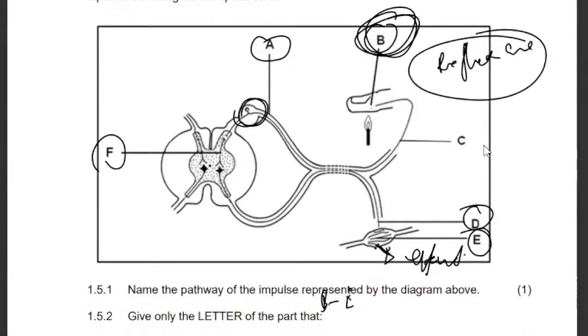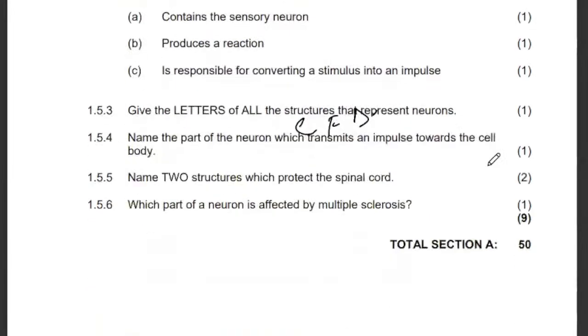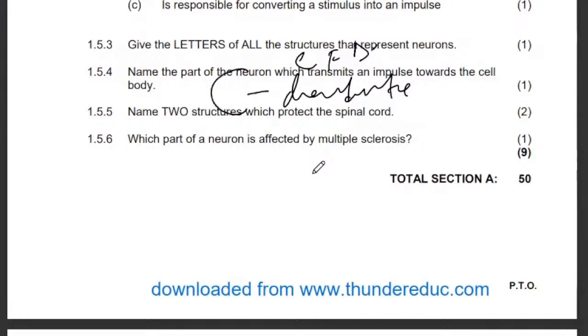So it means that this first part is the dendrite. So basically, C, which is the dendrite. So name the two structures which protect the spinal cord. Here we're talking about the vertebral column.